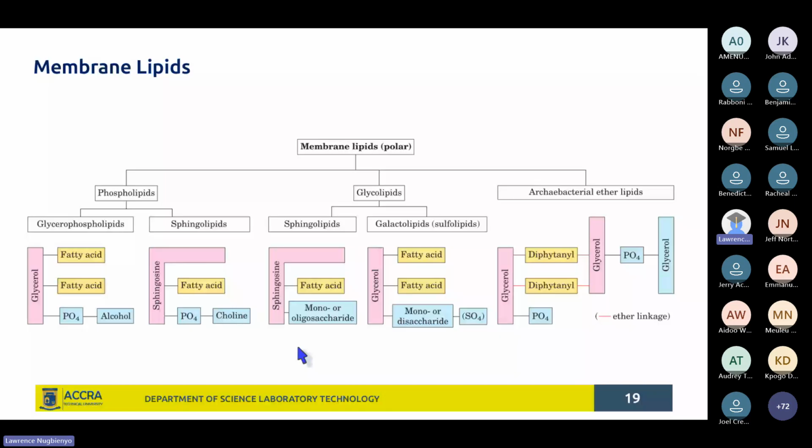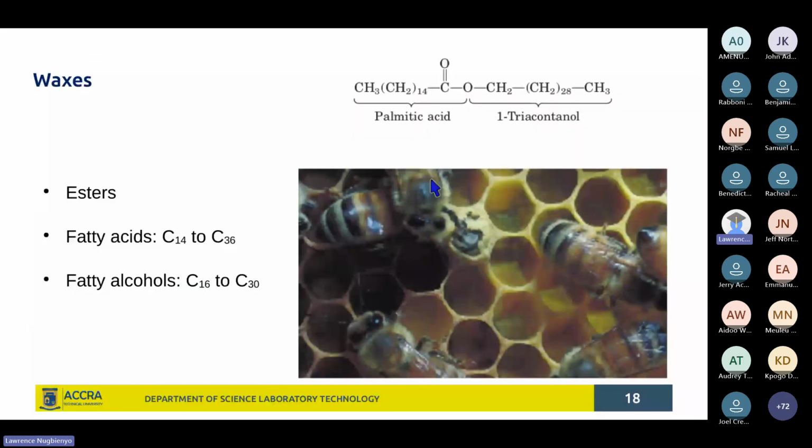It also means that for the waxes, depending on the fatty acid and the alcohol, which are components of the wax, you can have melting points that will be lower or higher.